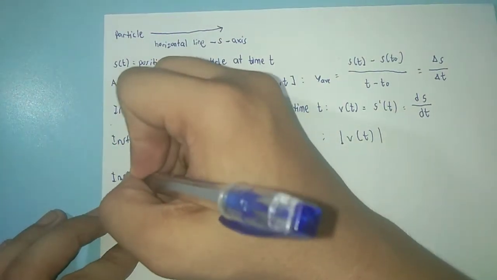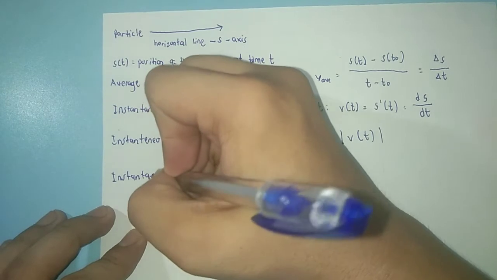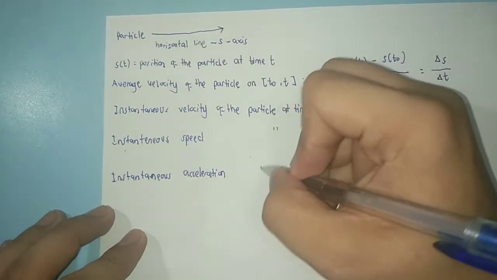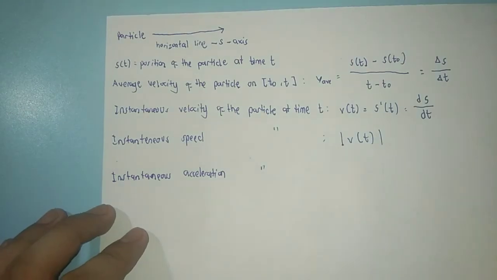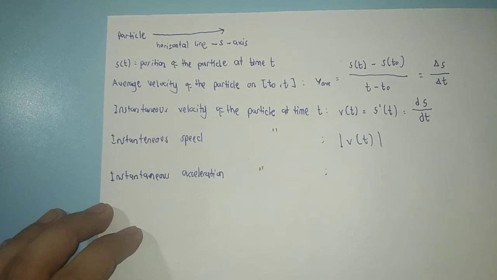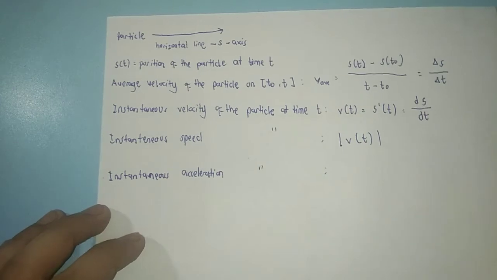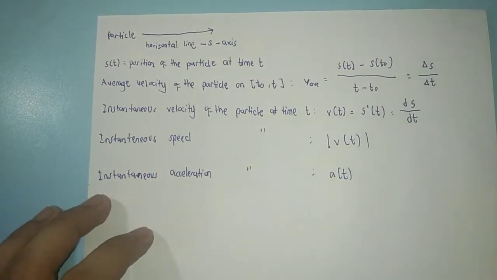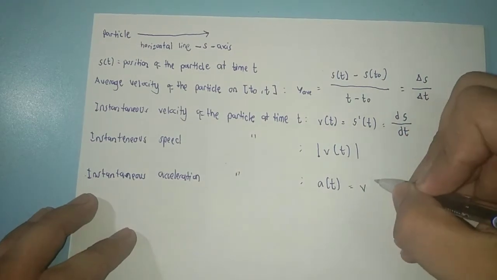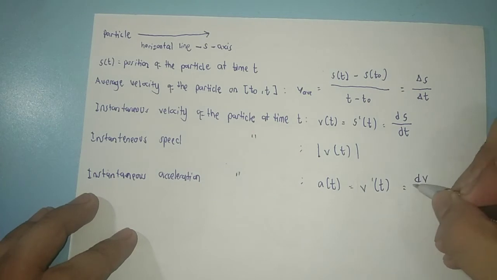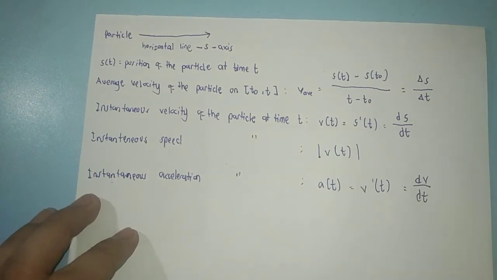So how about instantaneous acceleration? Dito naman, of the particle at time t, kukunin mo lang yung derivative ng velocity, rate of change ng ating velocity. So acceleration, denoted by A of t, is equal to derivative ng ating velocity, which is equal to derivative of v with respect to t.